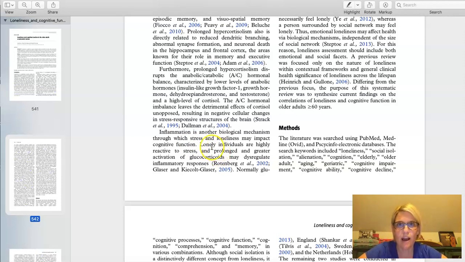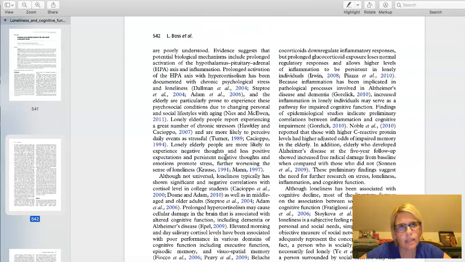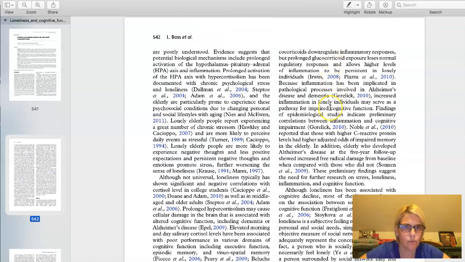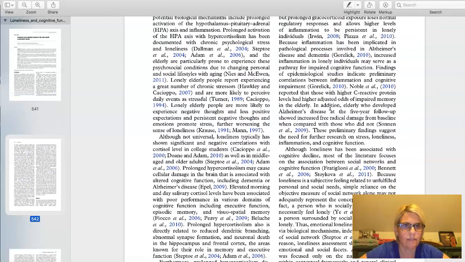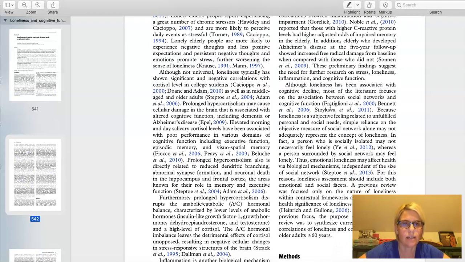And so again, what's the tie there? Well, lonely people are highly reactive to stress, and prolonged and greater activation of the glucocorticoids may dysregulate the inflammatory response. So I explain those processes and then give some more examples and the evidence that support that thought.